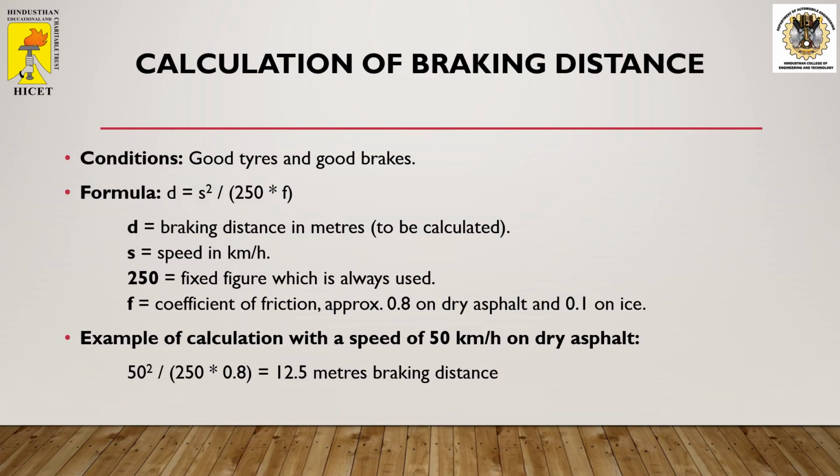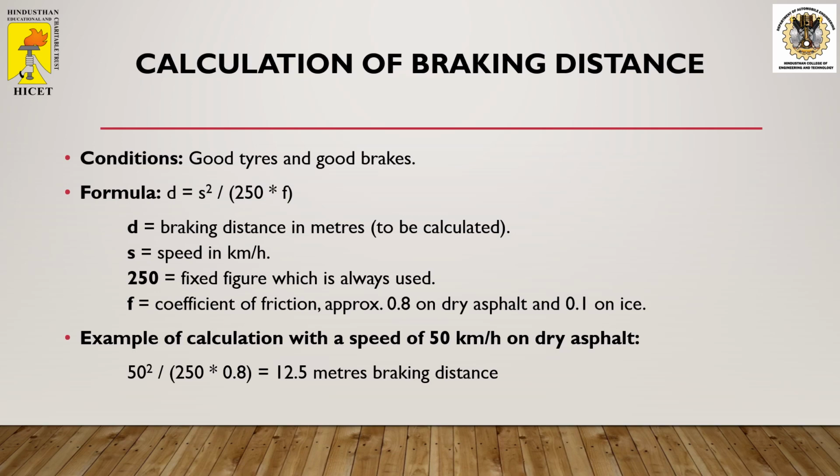So here we have the calculation of braking distance. The formula is D = S² / (250 × F). Here S is speed in kilometers per hour, 250 is the fixed figure, and F is the coefficient of friction. It is chosen from a range where 0.8 is taken for dry asphalt and 0.1 for ice.